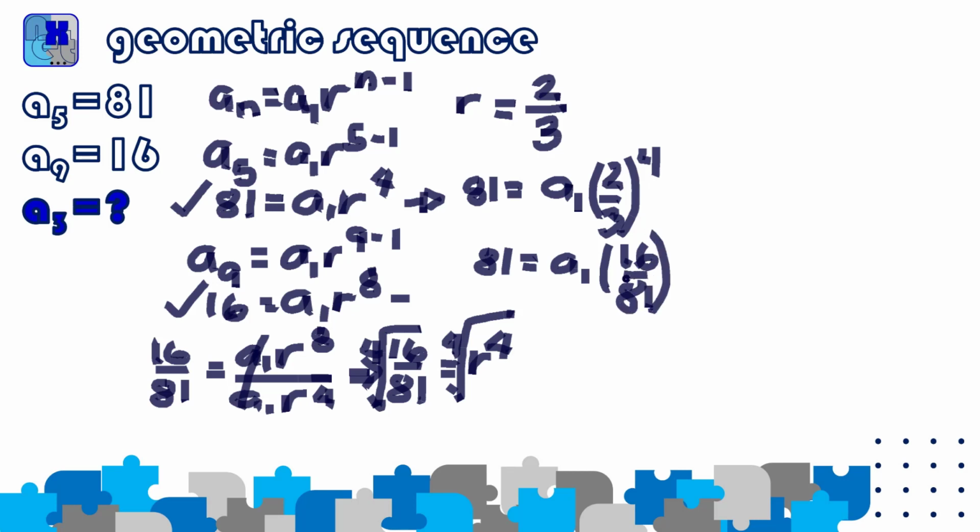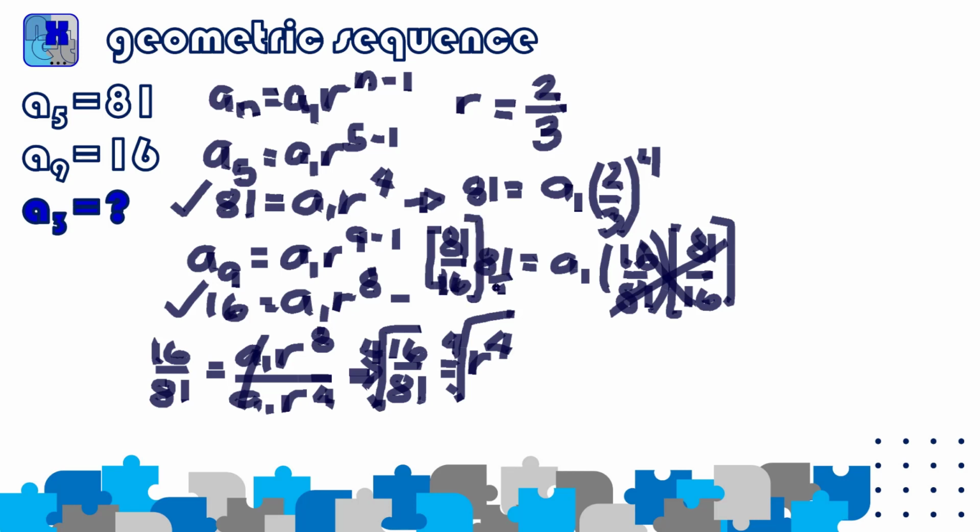To cancel this, we will be multiplying both sides by 81 over 16, so that this will be cancelled, that will be cancelled. We are left here with a sub 1. But do the same thing on the other side: 81 over 16. Take note that 81 here is all over 1. So we can now solve.